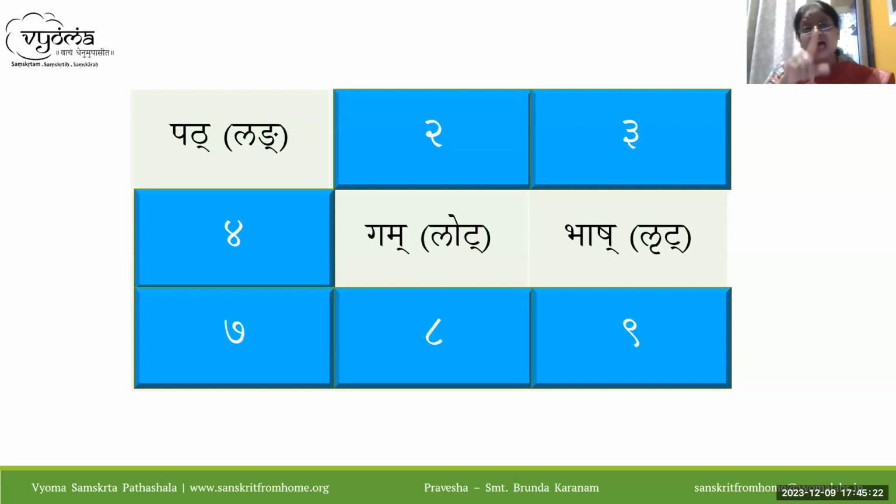This bhavatat is a form in prathama purusha ekavachana and madhyama purusha ekavachana for many dhatus. So here also there will be two forms, gacchatu and gacchatat, and gaccha and gacchatat also. There's an optional second form.